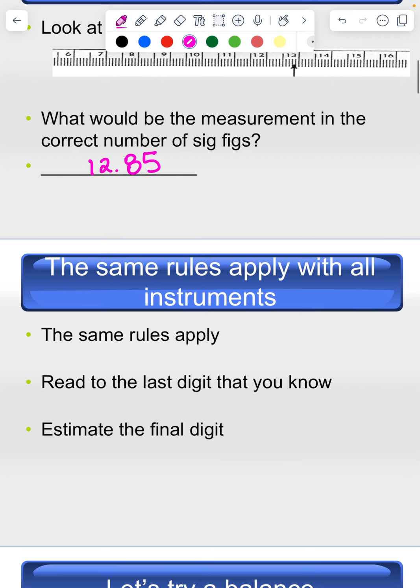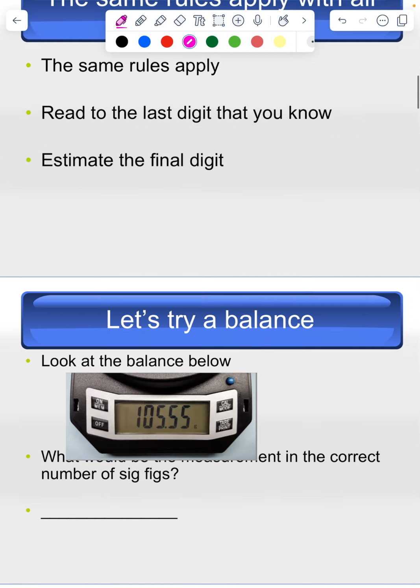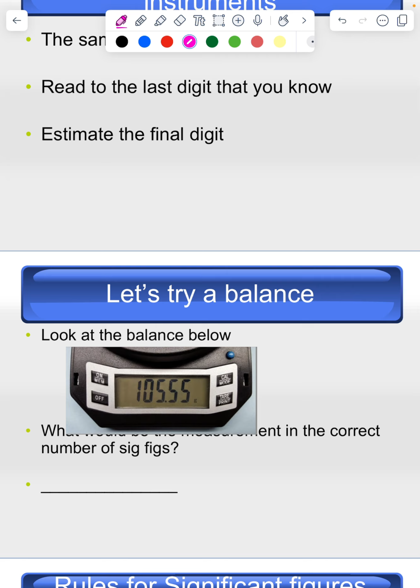All of this applies with all instruments. Last year we used it with our graduated cylinders, but this year we're mainly going to be using the meter sticks, the rulers, the measuring tapes, but also balances. One thing about a balance: if I ask you what is the correct measurement with the correct number of sig figs, it is going to be the actual number on the balance.